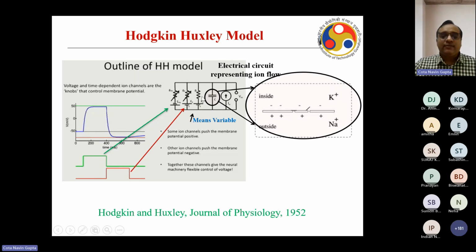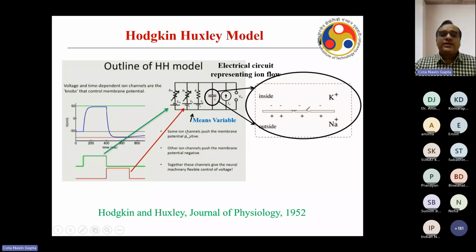We already discussed the channels, ion transporters. All these can be represented using a resistor. So let's say you want to represent the Na plus channel, right? You have your variable R_Na and you have a Nernst potential corresponding to the battery. This battery source corresponds to the Nernst potential of your sodium ion.